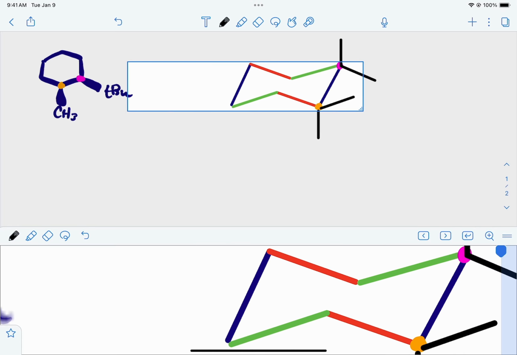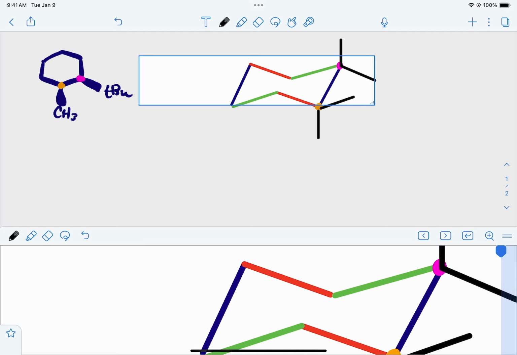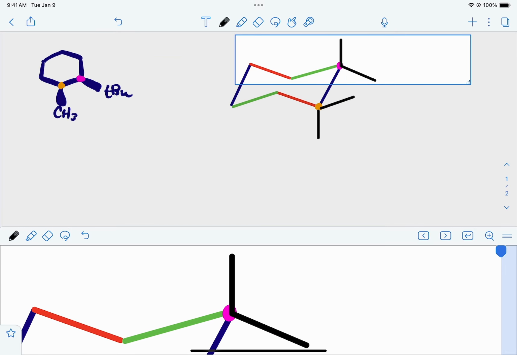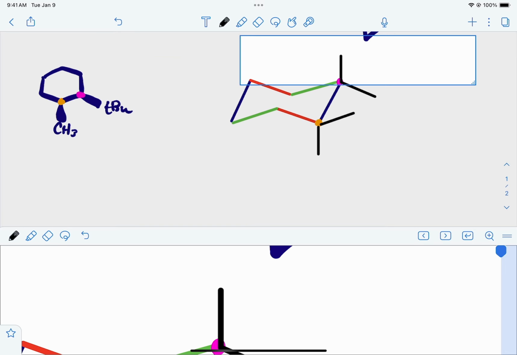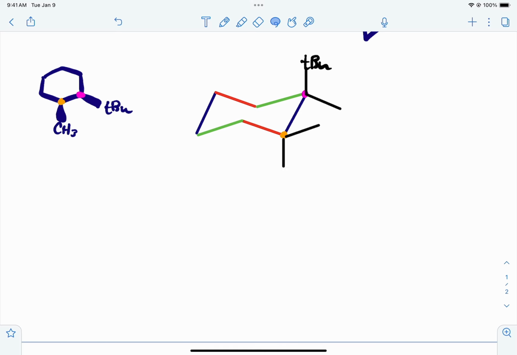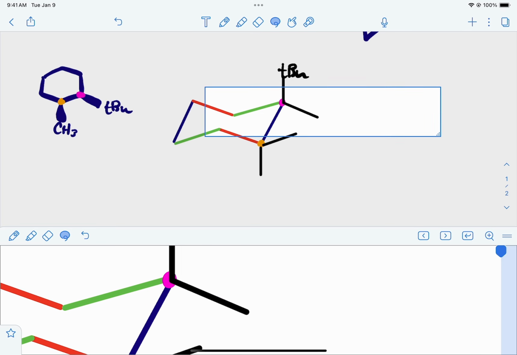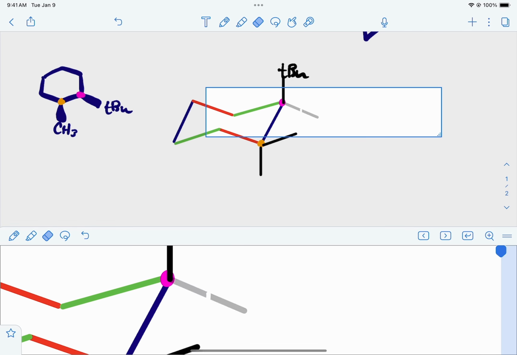Then what direction is the TBU pointing? It's pointing up. It's a wedged line. So on the pink carbon, what is up? Well, it's the axial group. So we'll put our T-butyl axial. Okay. Then we can erase the other bond.